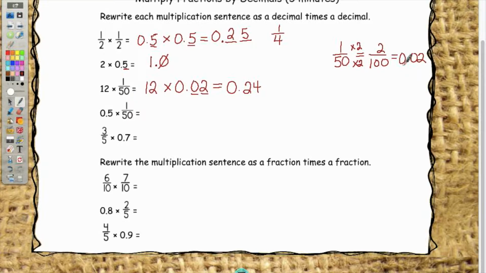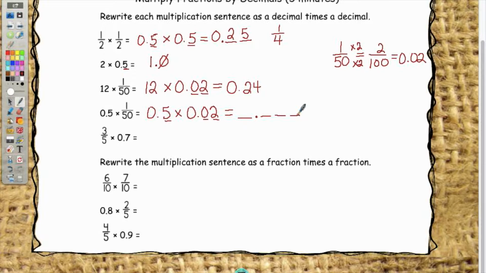Oh, we just changed 1/50th, didn't we? What was it as a decimal? 2 hundredths. So let's rewrite it as a decimal times a decimal. What place value will this answer be in? Thousandths. I'm going to write that down so that I know where to put my digits, because this is a tricky one. Jesus, 5 times 2, what is it?